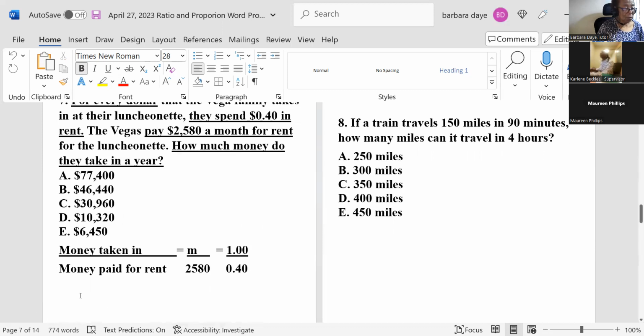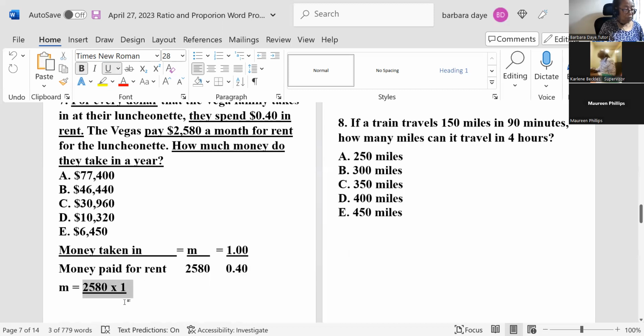So what's M equal to, Maureen? No, cross multiply. What do you get when you cross multiply? 2580 times 1 divided by 0.40, right?